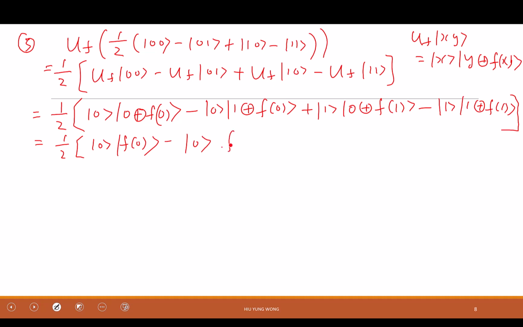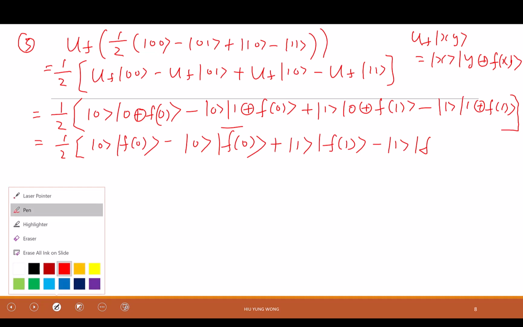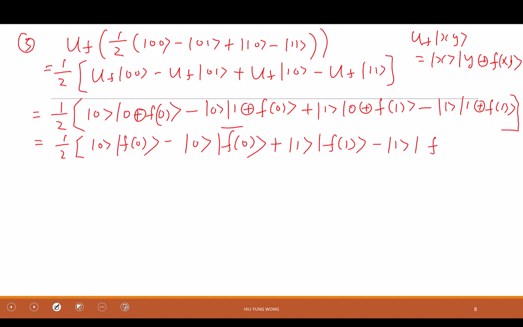What is this? Negation, right? Like what you try to say. This one, it is still f of 1. And then this one is f of 1 bar.